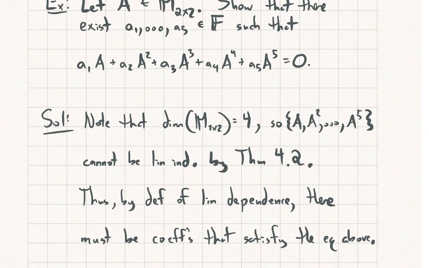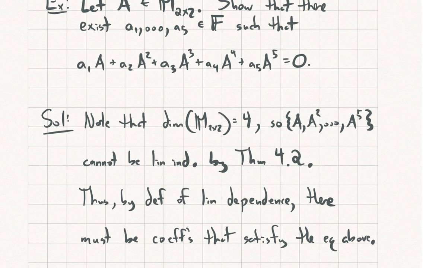So I want to show the following thing, and linear algebra helps us to do this: that in the equation a1 times our matrix A plus a2 times A squared plus a3 times A cubed plus a4 times A to the fourth plus a5 times A to the 5 equals 0, I can always find coefficients a1 to a5, not all zero, that allow this to happen. So that's pretty cool. And it's not clear unless you're thinking about this in terms of linear algebra.